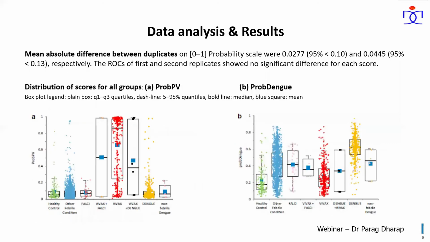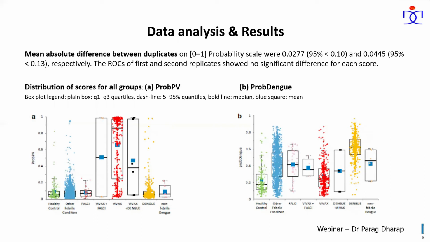First and foremost, we tried to ascertain whether there was any significant difference between the duplicate runs. Mean absolute difference between duplicates on a probability scale of 0 to 1 was quite negligible. The receiver operating curve for first and second replicate showed no significant difference for each score.